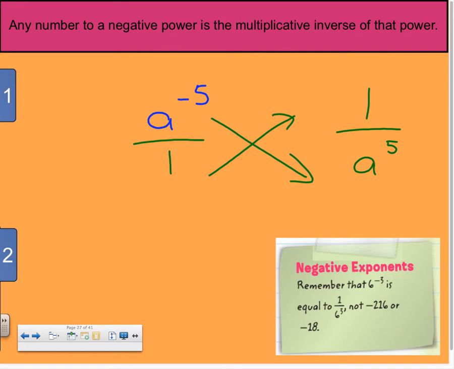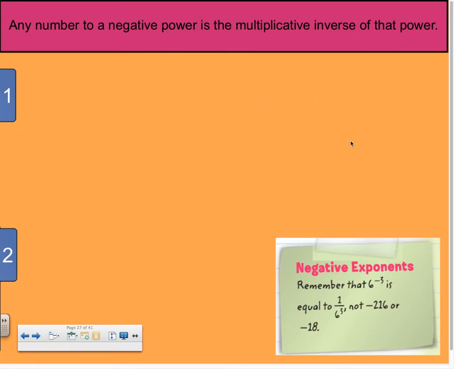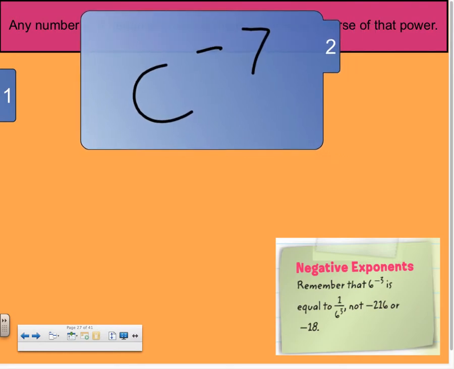Okay? Let's do one more example. C to the negative seventh. Tell your neighbor what you think this would be after you rewrite it using a positive exponent. All right, who's got it?